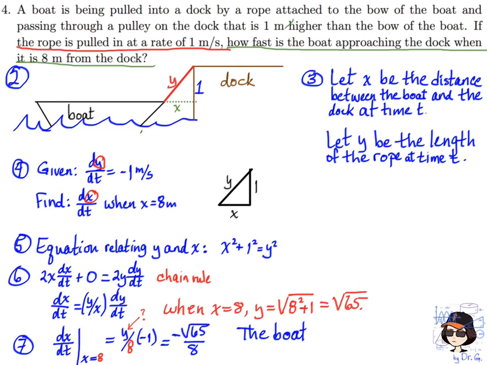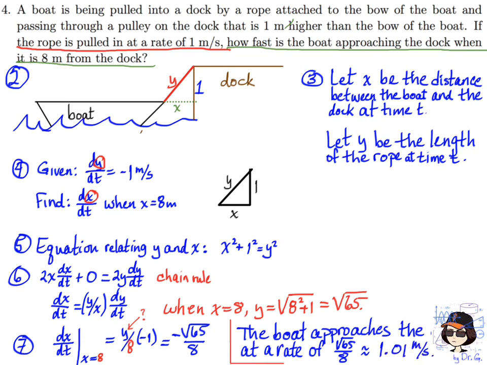They want to know the speed of the boat, not the rate of change of that distance. So the way we're going to answer the question is we're going to say the boat approaches the dock at a rate of positive square root of 65 over 8, or 1.01 meters per second.